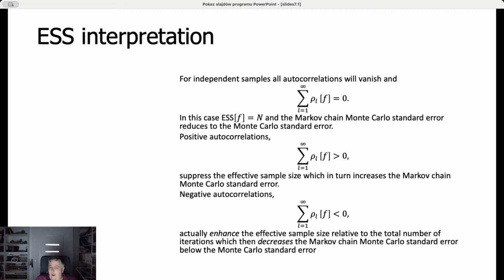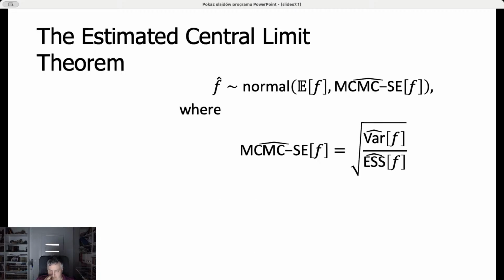It is possible that we have negative autocorrelations, and this will potentially decrease the Markov chain Monte Carlo standard error below the Monte Carlo standard error. However, this is an extremely random situation, and there is no systematic way to guarantee negative autocorrelations. So you cannot create a sampling method that will work better in this case.